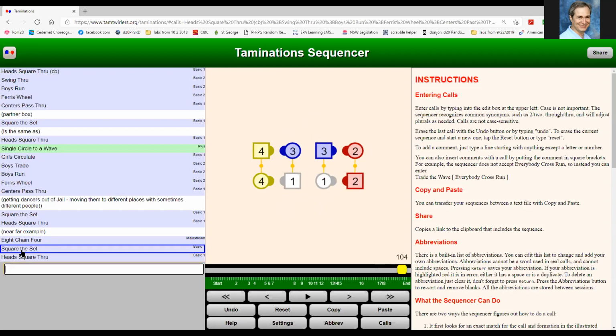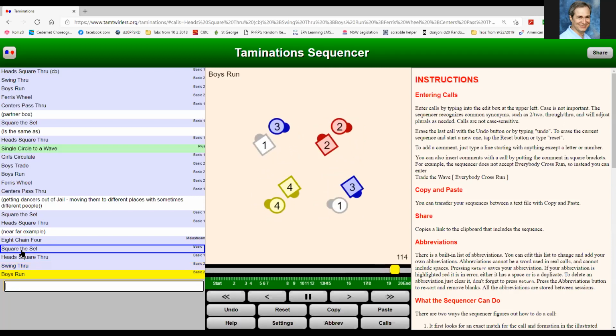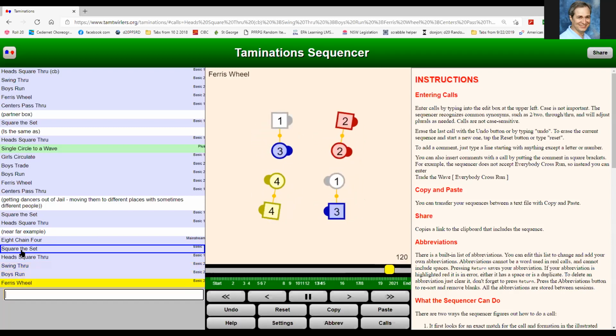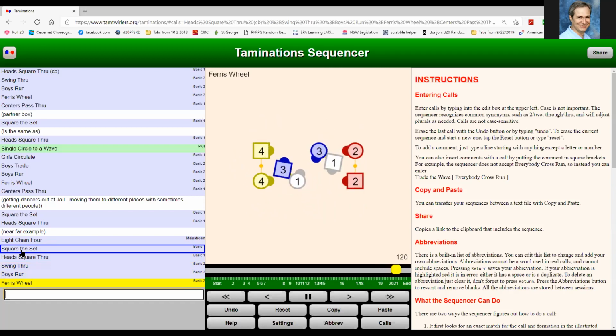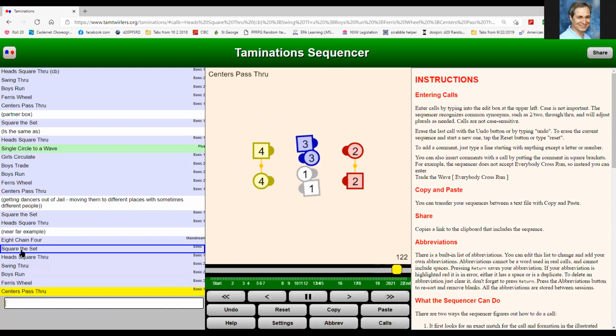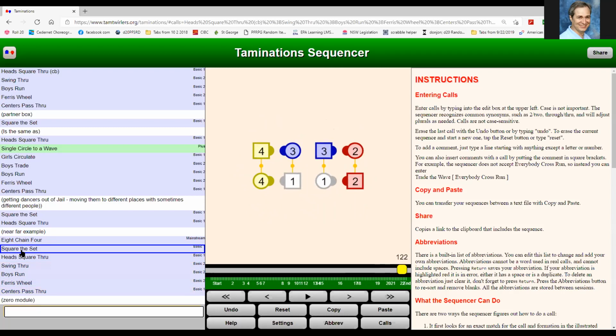So if we swing through, boys run, Ferris wheel, centers pass through, we've just done a zero. But notice that number 4 couple is still over there on the left side.